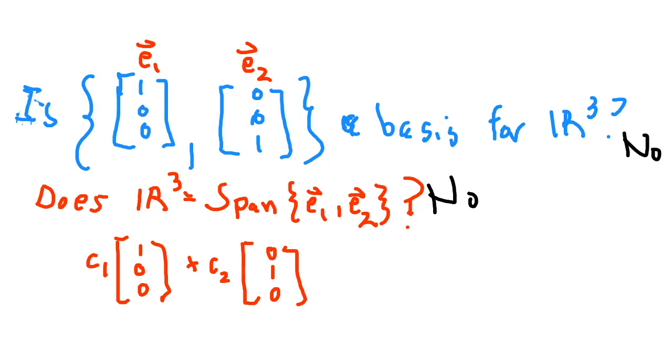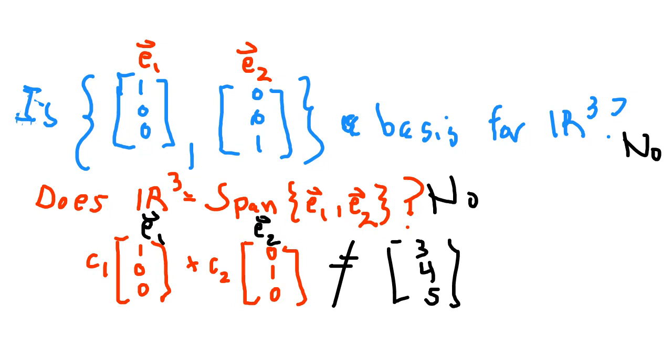For instance, let's say that you had the vector 3, 4, and 5. 3, 4, and 5 could never equal a linear combination of E1 and E2. There's no way you would ever get this vector 3, 4, 5, which is in R3, because the two bottom numbers here are zeros.